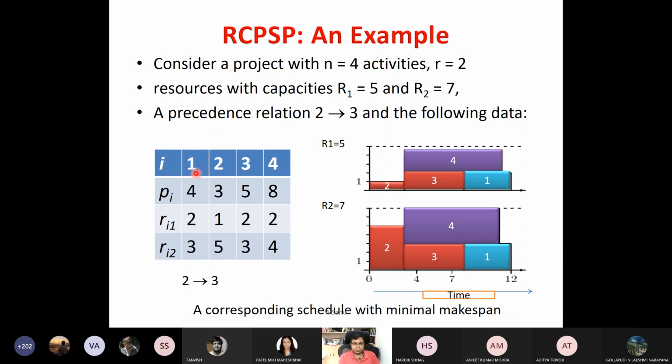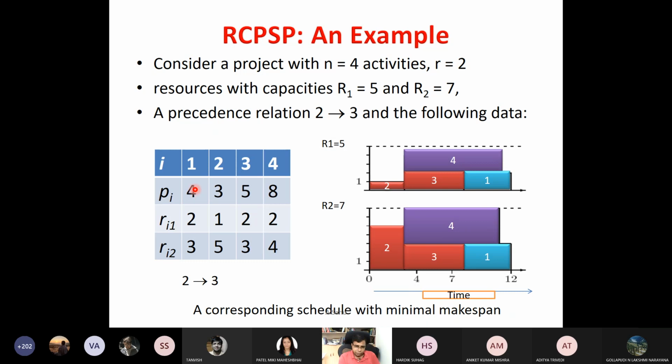Suppose this is P1, which is task 1. Are you able to see this block? It takes 2 resources of R1 and 3 resources of R2, for a duration of 4 time units. This is the duration, and ri1 and ri2 signify the resources.